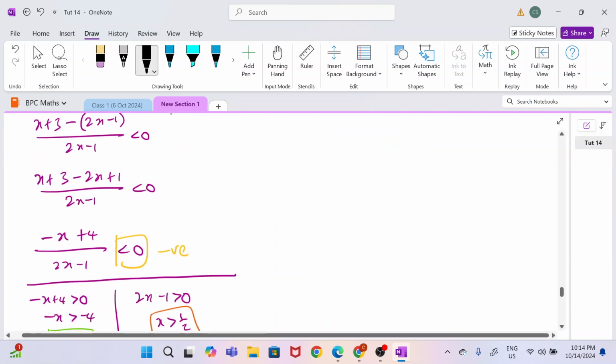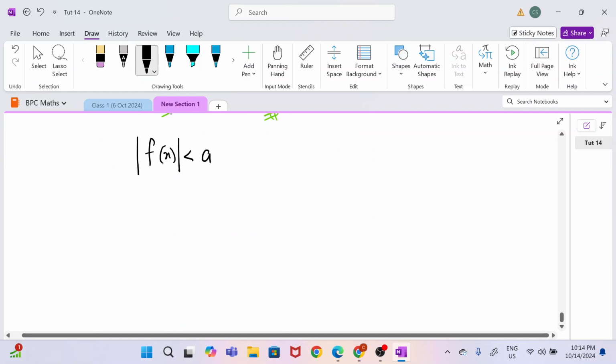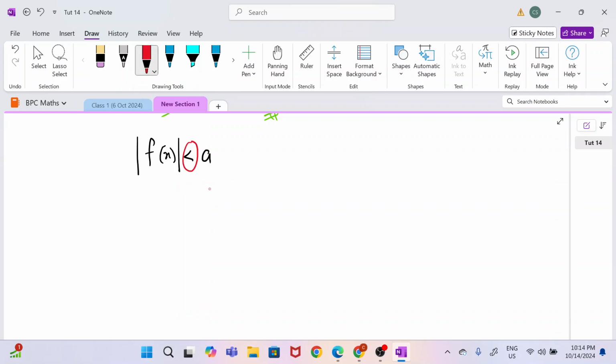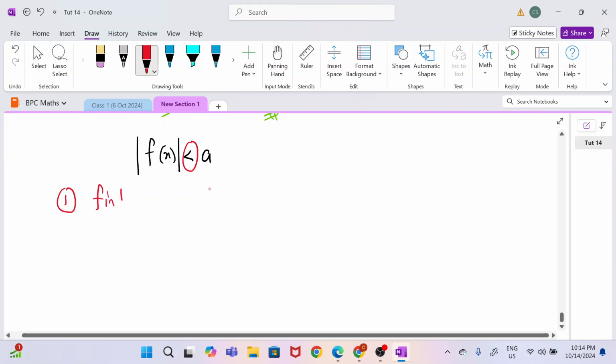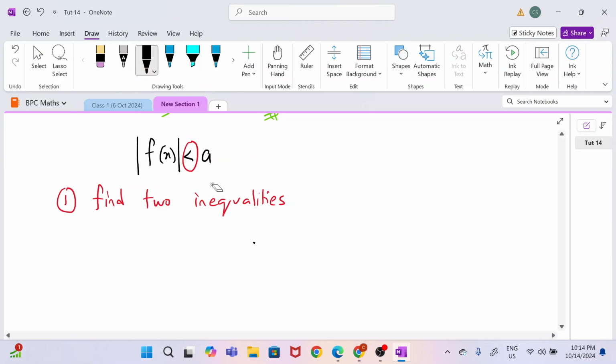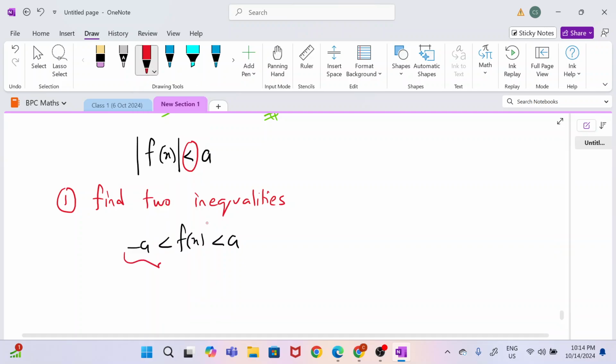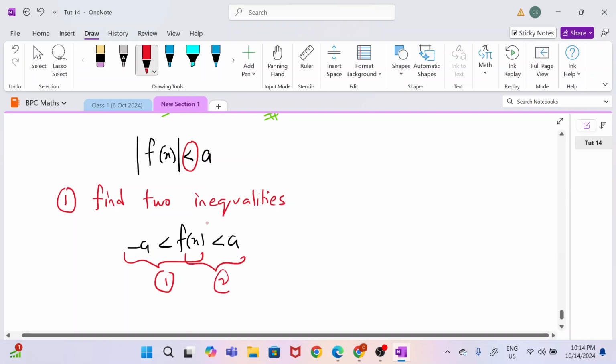How to solve this? Less than. First, find the two inequalities. What was the inequality here? f(x) is between negative a and a. Find this one first. This is first, this is second.